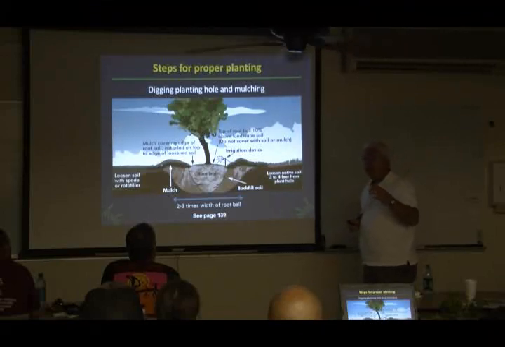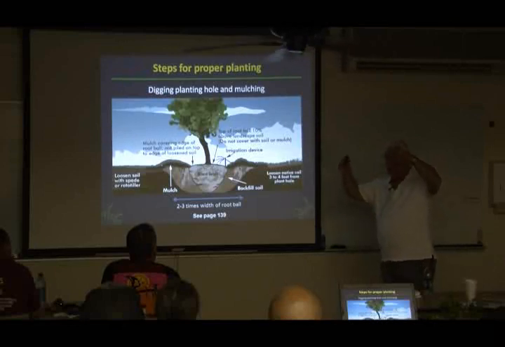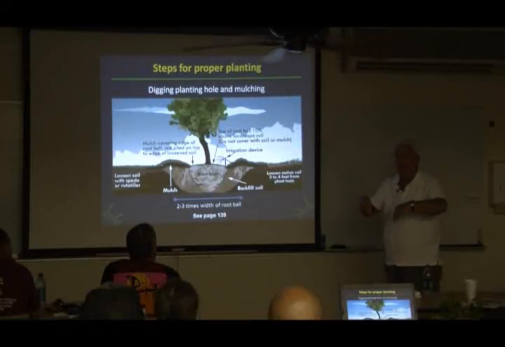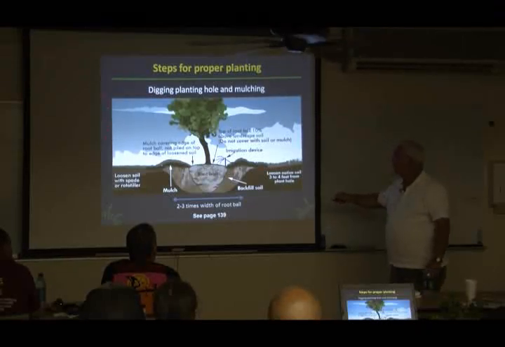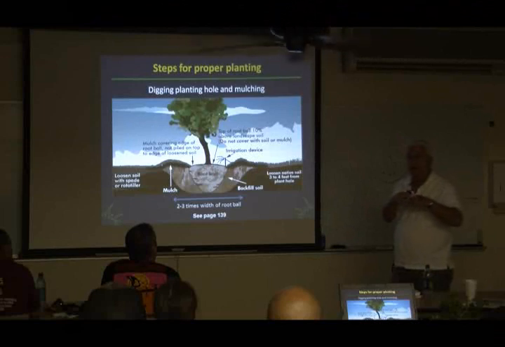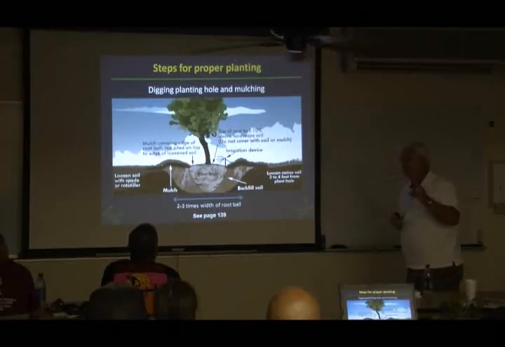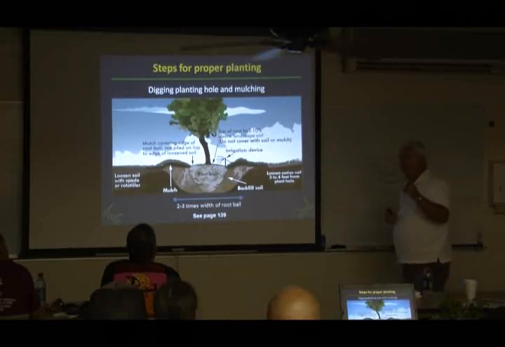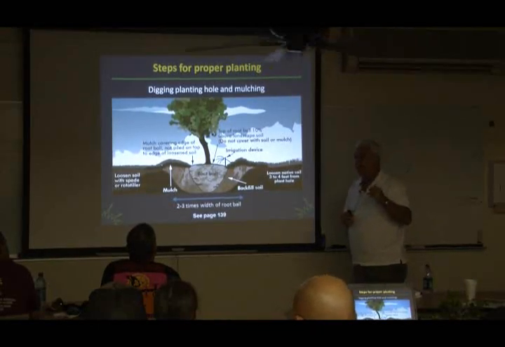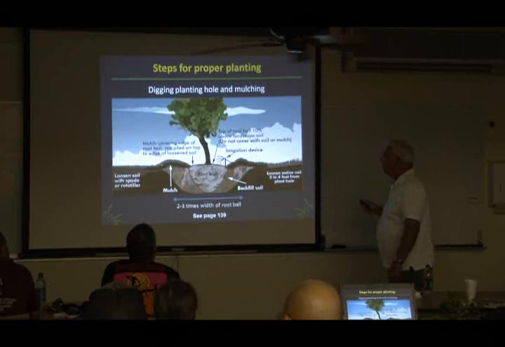When you do that, often what happens is that root ball will sink over time, and it'll become down at this level now. It'll get filled in around the bottom, around the trunk here, and the bottom of the trunk will rot. And that's the number one reason for failure of newly planted trees, is being planted too deep.